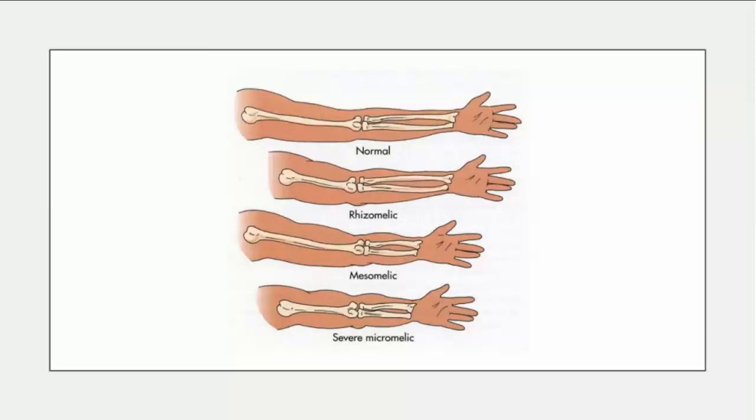Up at the top here, we have normal relationship of this arm or this extremity. So our proximal bone is going to be our humerus. Our distal bones are going to be our radius and our ulna. Now, when we have rhizomelia, we're saying that the proximal bone is abnormally shortened. So this is going to say that our humerus is shorter than it should be.